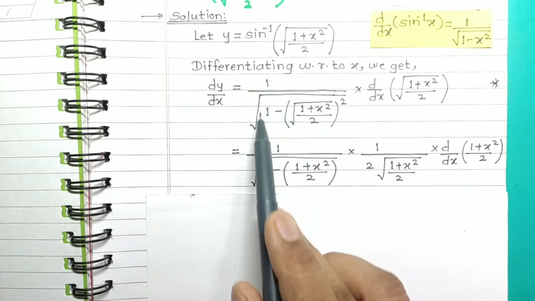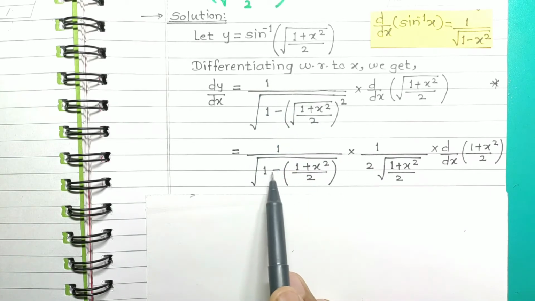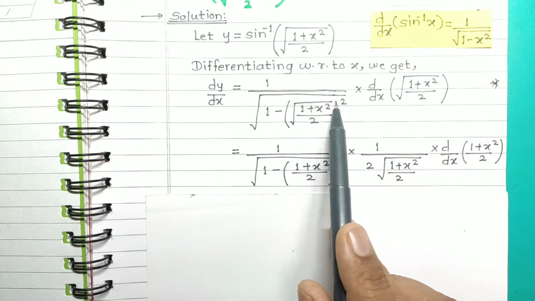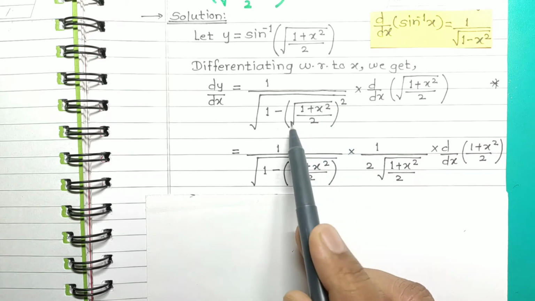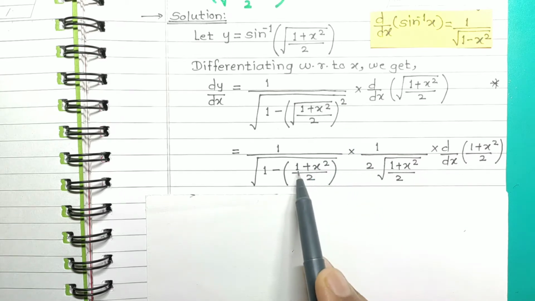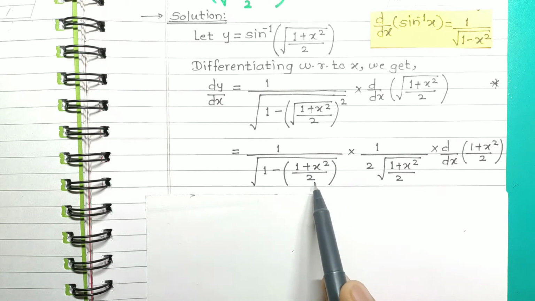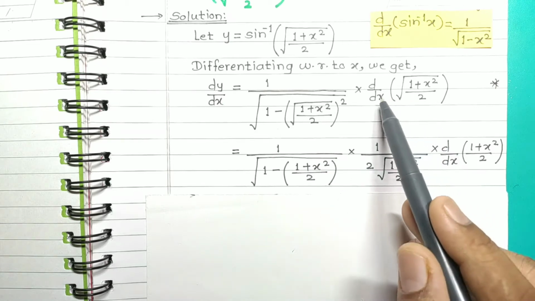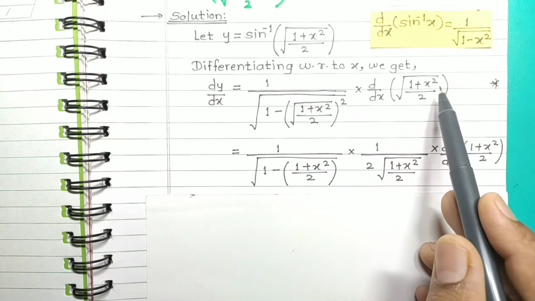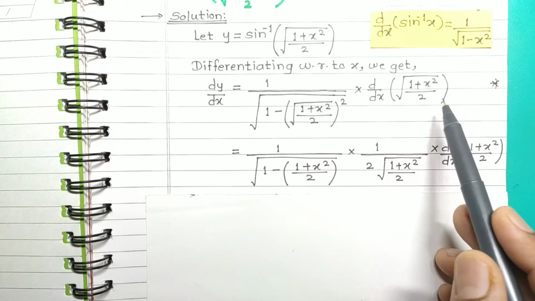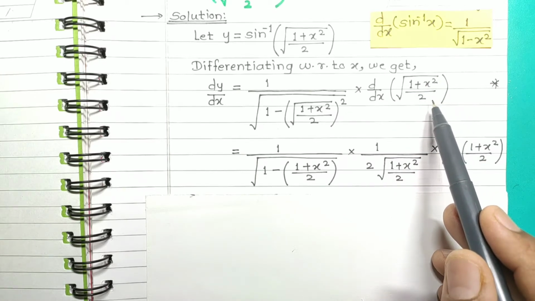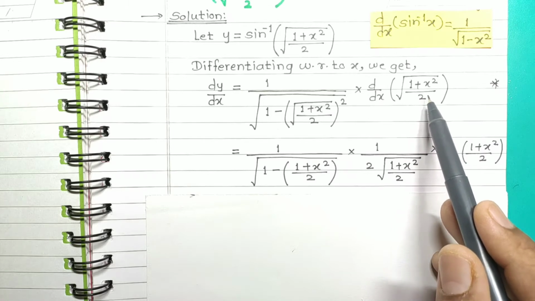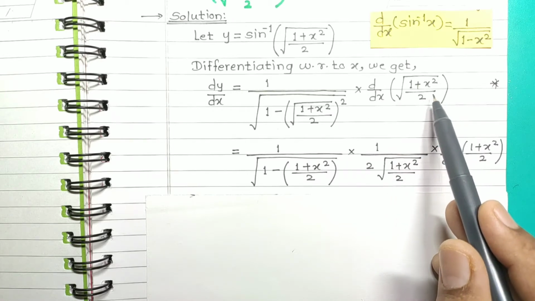See, this term 1 upon square root of 1 minus this root square, so the root gets eliminated, so we have 1 plus x square upon 2 into, see, derivative of root of something, again it is a composite function, so we are going to treat this function as root of something.